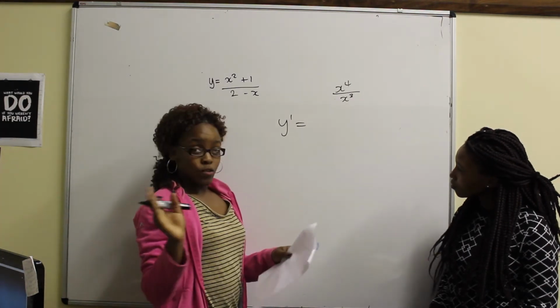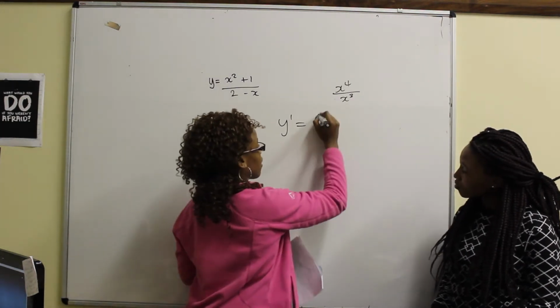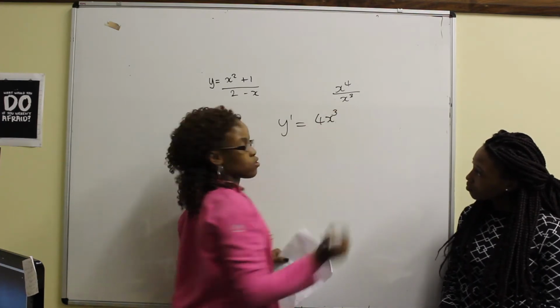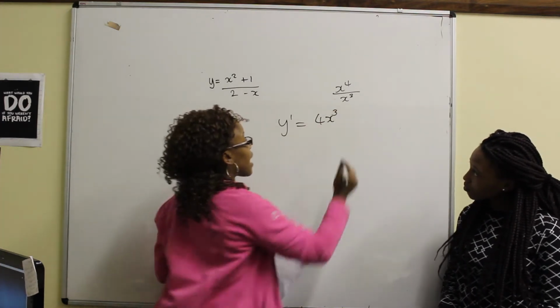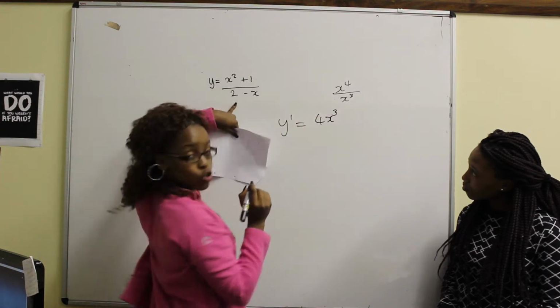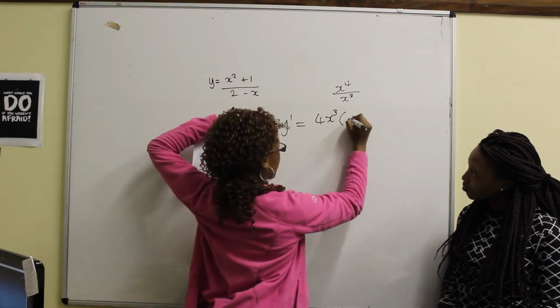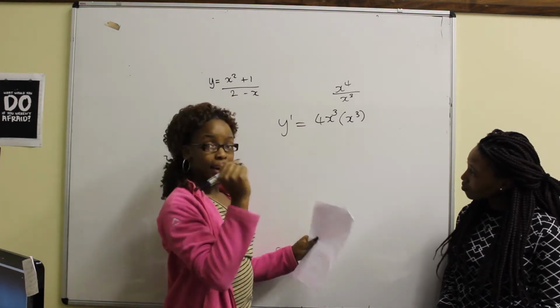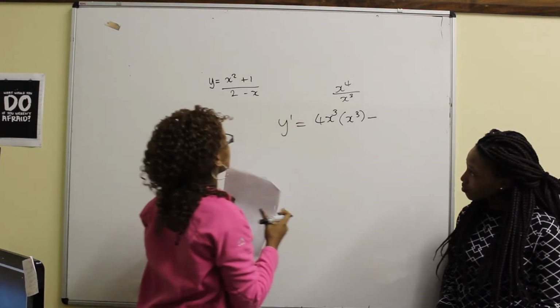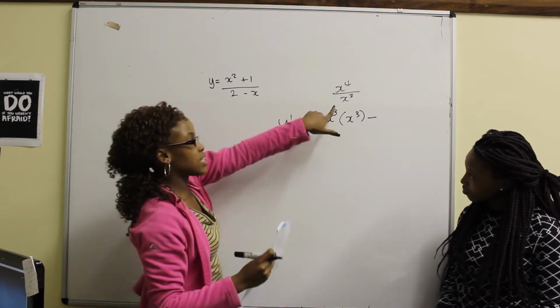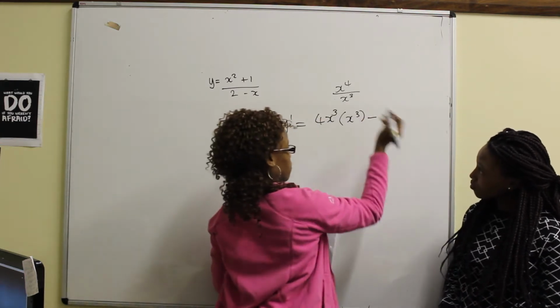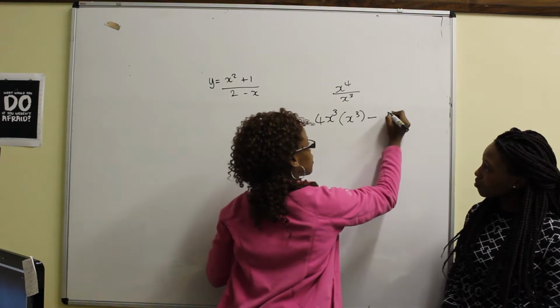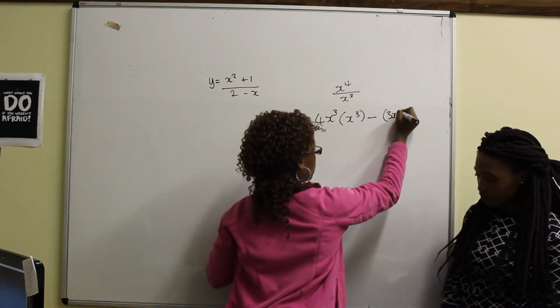I take the derivative of the top, so I get 4x to the power of 3. Then I multiply it by the denominator, so x cubed, right? You agree with me? And then you minus the derivative of the bottom. In this case, the derivative of x cubed is 3x squared, right?